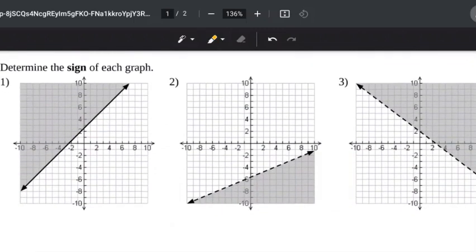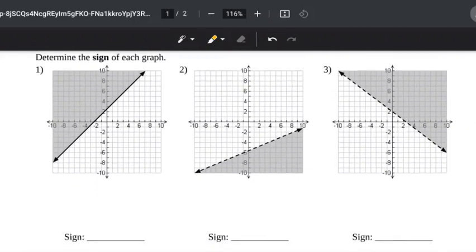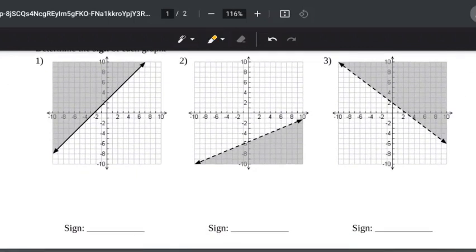So we went through those steps pretty quickly. If you need to take a few seconds to go back and take a look at those again, please do so. Otherwise, we are going to take a look at just determining the sign of each of these graphs, and we're not even going to graph anything yet, just focus on the signs. So for number 1, we see the shading is above the line.